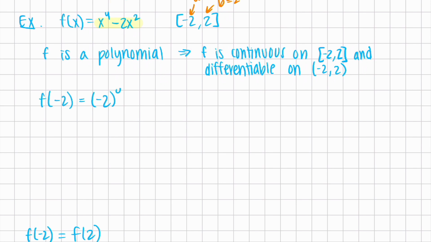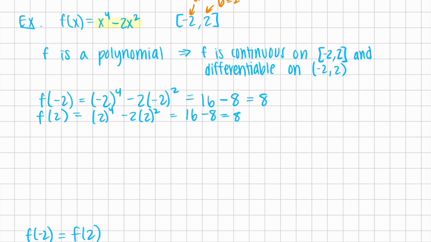That's going to be (-2) to the 4th, and we get 16 minus 8, which is 8. Let's check f of 2 and make sure we also get 8. Okay, it's also going to be 16 minus 8, which is 8. So, therefore, f of -2 equals f of 2, because they both equal 8.